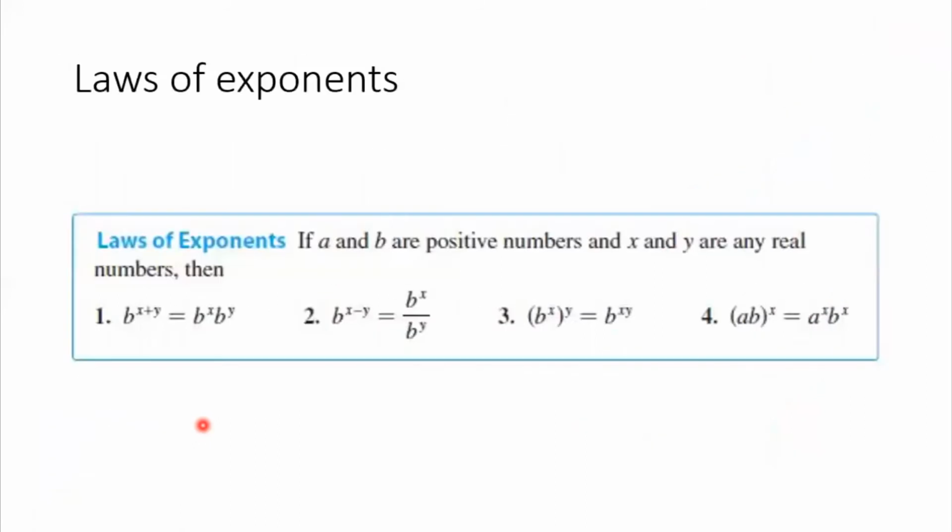This time, we have the laws of exponents, because these laws are very important when we evaluate or solve an exponential function. So let us first review the laws of exponents. Suppose a and b are positive numbers and x and y are any real numbers, since by definition of the exponential function, the base is positive.